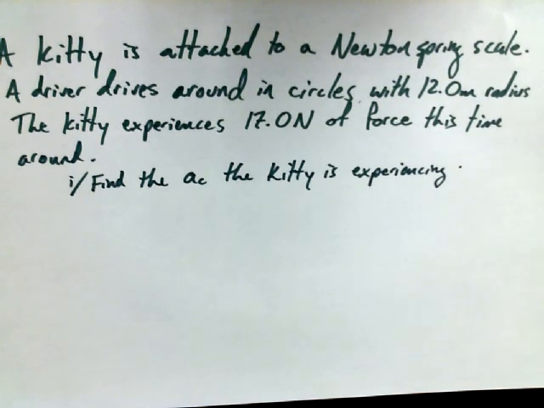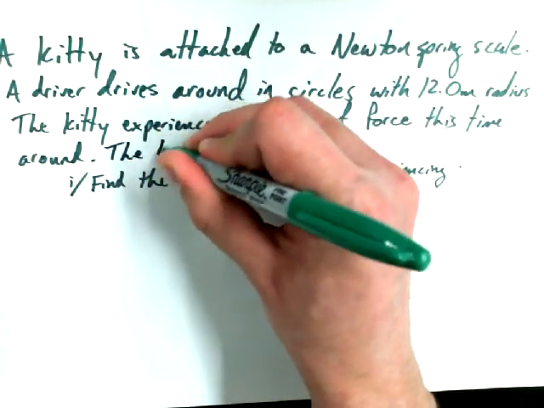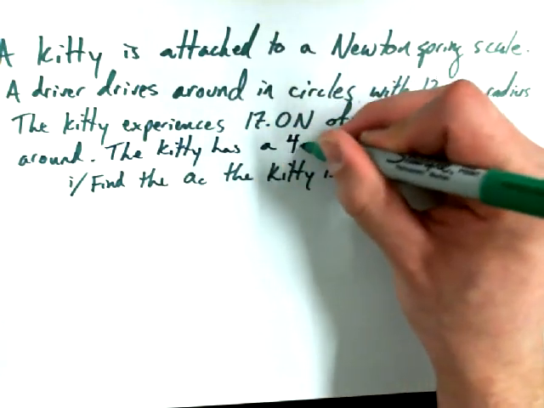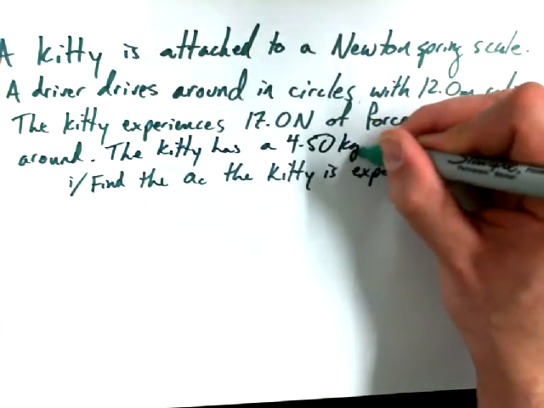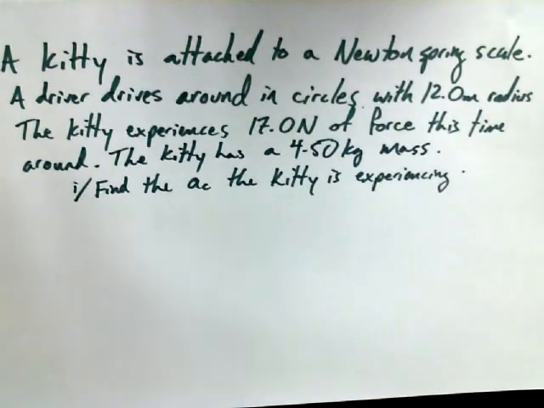That's really important. The mass of the kitty is 4.50 kilograms. Now you can do it. Find the centripetal acceleration that the kitty is experiencing.